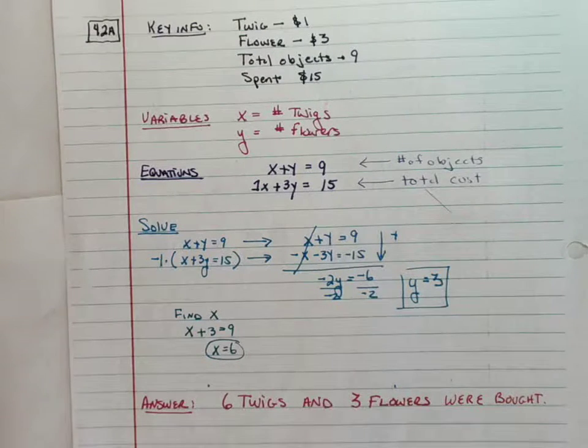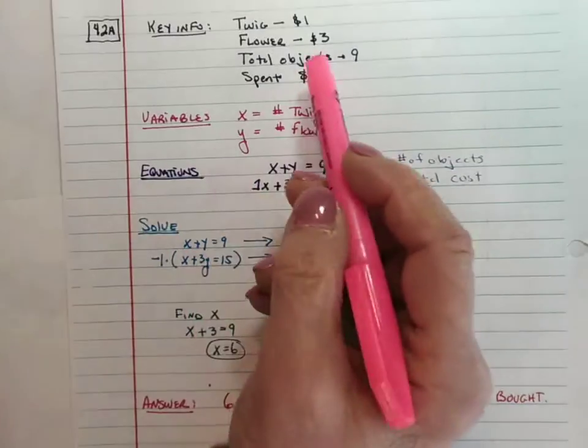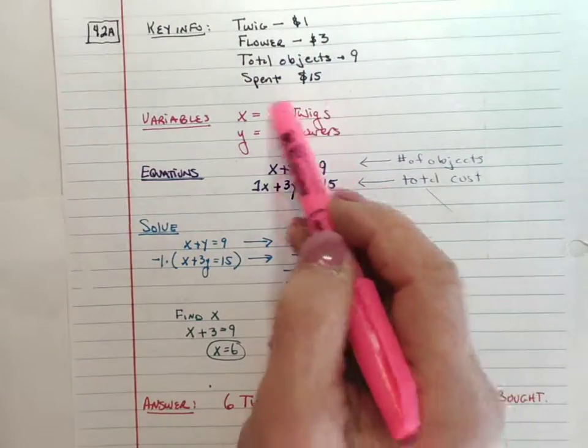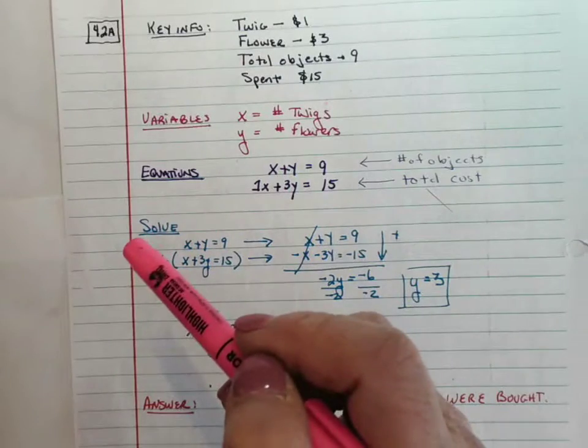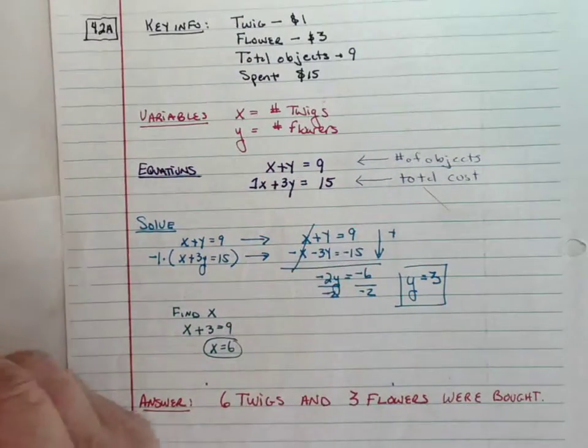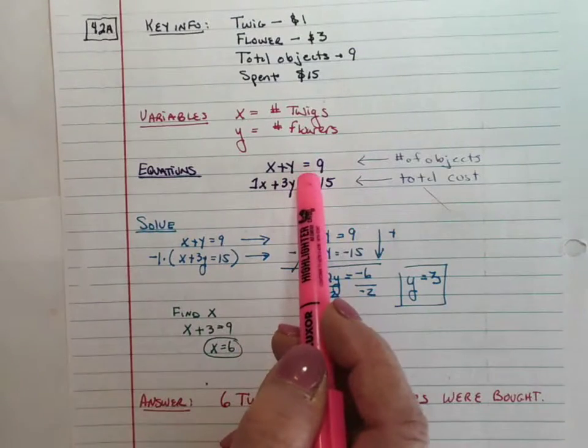Now, my expectation when you're doing these word problems for homework is you should be able to at least write the key information. You should be able to define the variables. Defining the equations takes practice, so you may get stuck there.